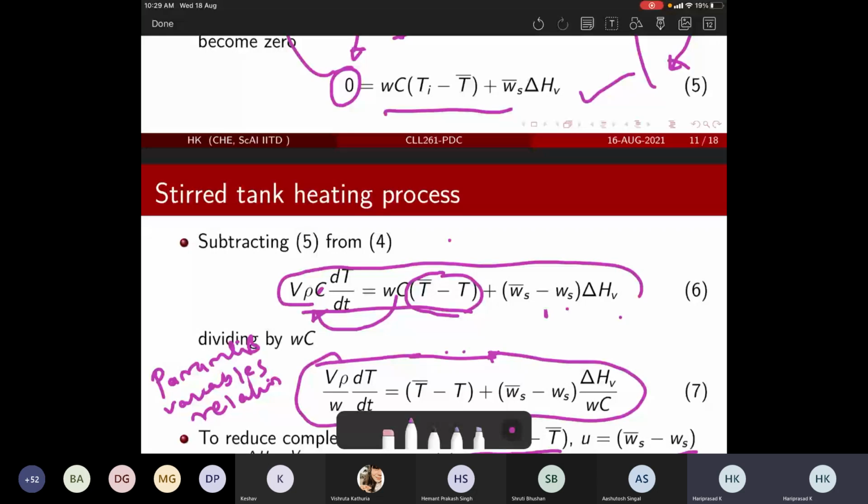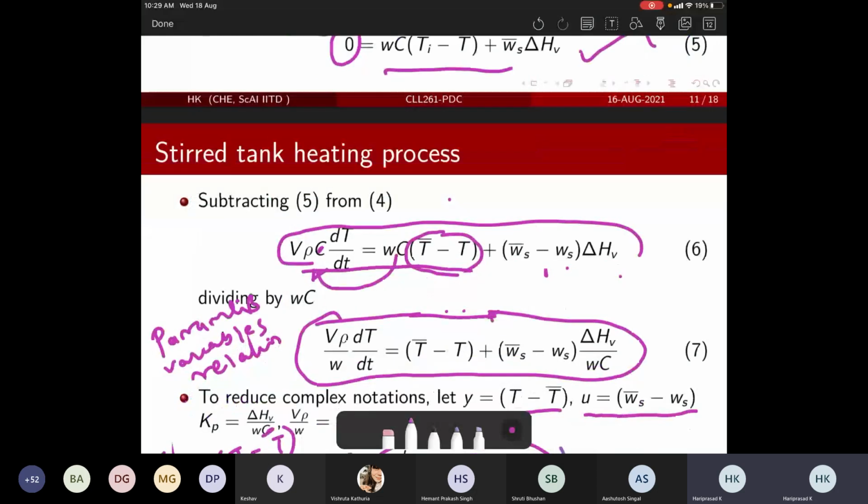Can someone say how many parameters there are in equation 7? So what are parameters? Only 2? Tell me, what are those? Temperature and time. No, those are not parameters.